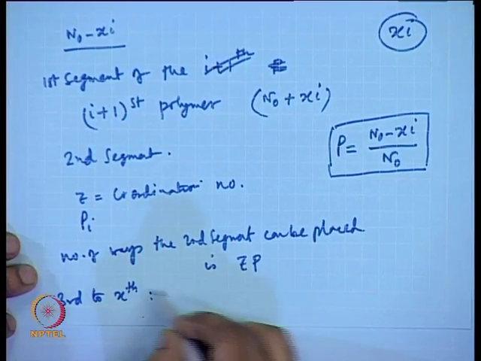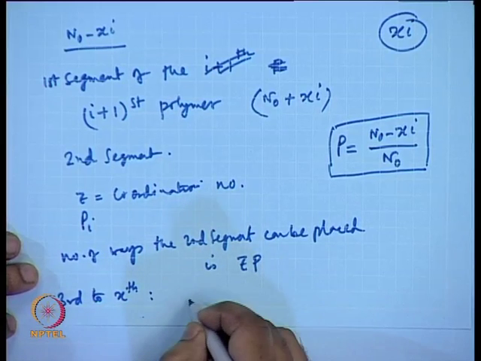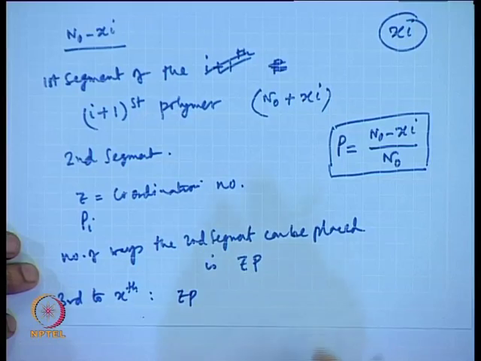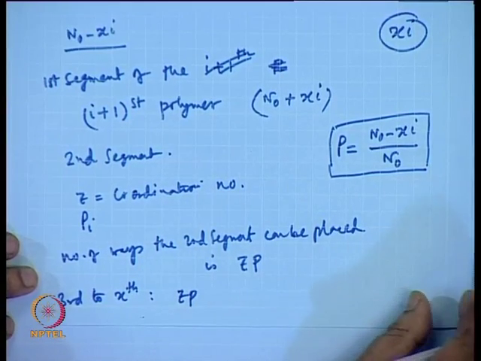Each third segment can be placed in Z P ways, the fourth segment in Z multiplied by P ways, and so on.